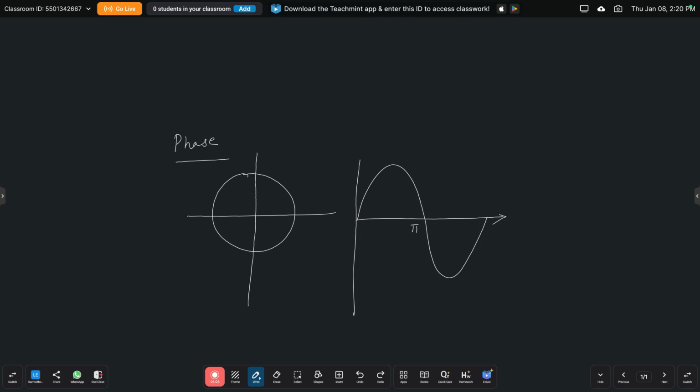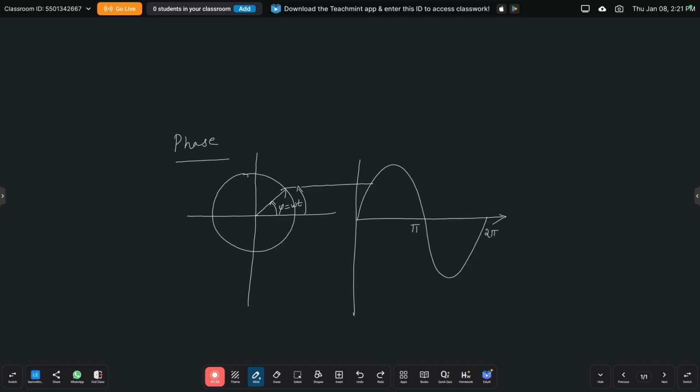So for example, let us take a vector rotating. Let us say the vector has traveled from the reference axis to here. Then what is the distance traveled by this phasor?